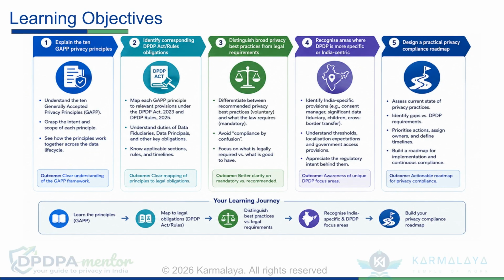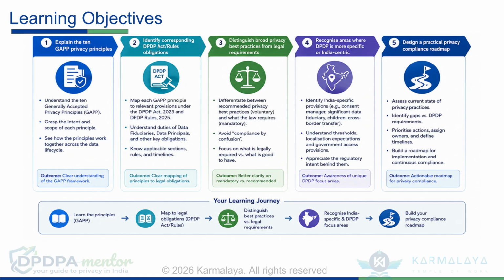The objectives of this video include understanding GAPP principles, mapping them to DPDP obligations, and designing a practical roadmap for compliance. The key learning outcome is the ability to translate principles into operational controls.